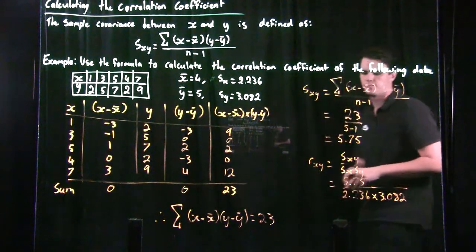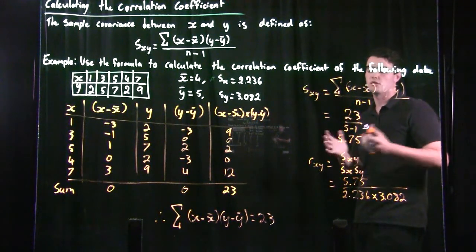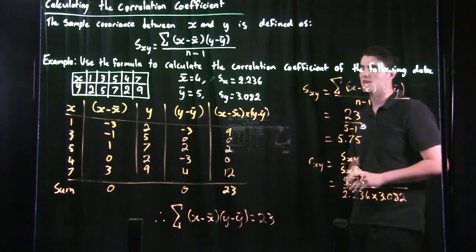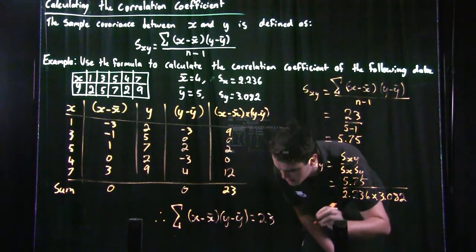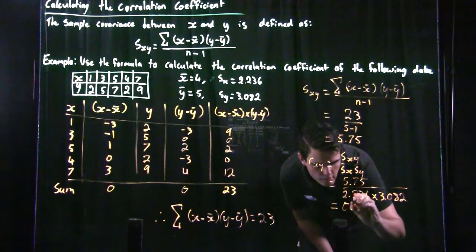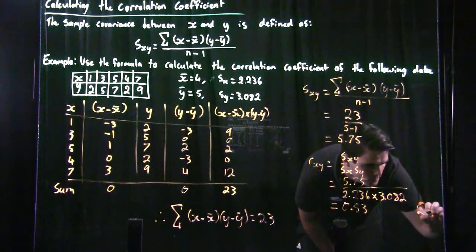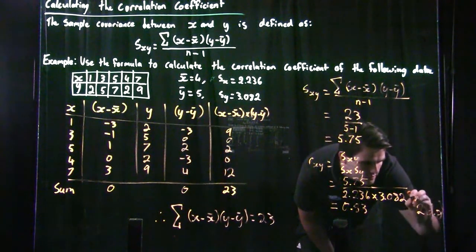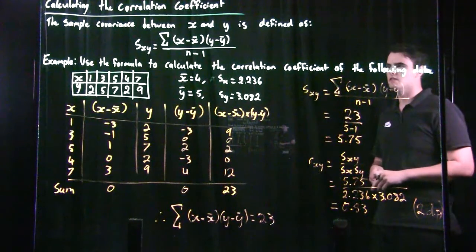Let's finish that one out. Once I've done that, I can put it into my calculator. Remember, if you want to break it down another step, that's fine. If not, just chuck that into your calculator, and I end up with 0.83, and that is to 2 decimal places. So that is my final answer.